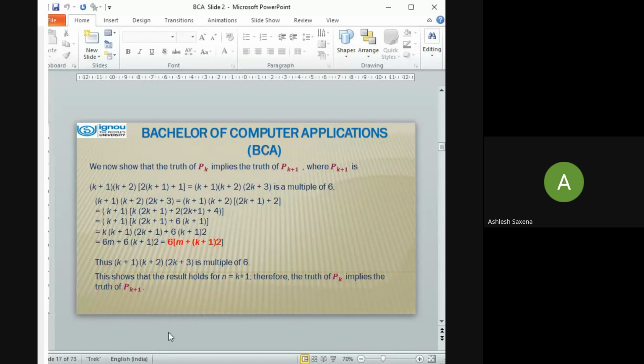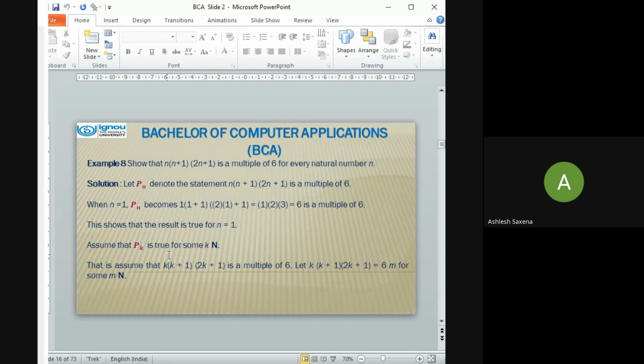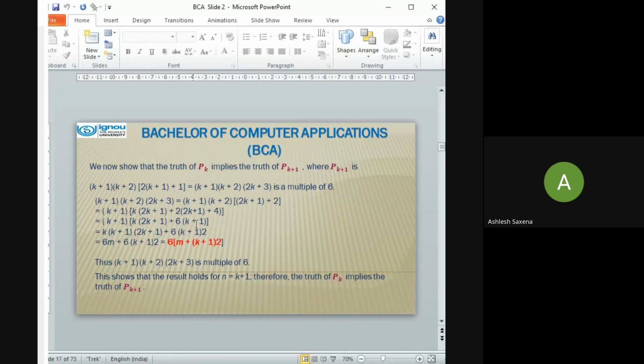I replaced k by k plus 1 here. So this k will become k plus 1, this will become k plus 2, and this will become 2k plus 3. Here it is. And on the right hand side, it will become k plus 1 into 2k plus 2 into 2k plus 3.